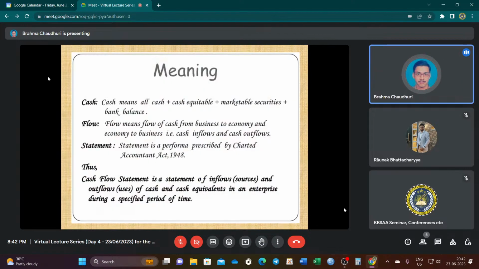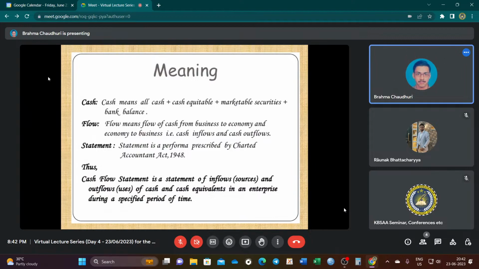Cash means cash and cash equivalents, marketable securities and bank balance. Anything which can be readily converted into cash comes under the purview of cash. It does not only mean the cash we have in hand at a particular point of time, but also the cash we keep in bank, that is bank accounts, term deposits, savings deposits and current deposits, which can be readily converted into cash.